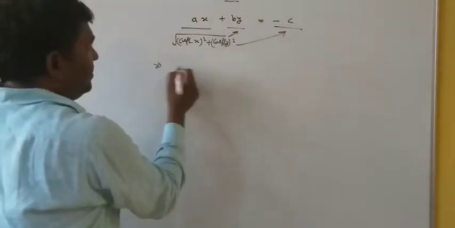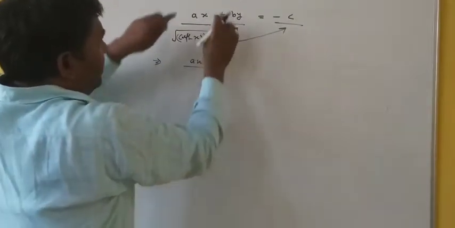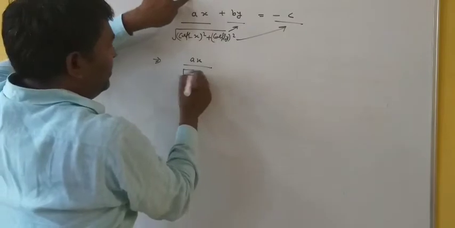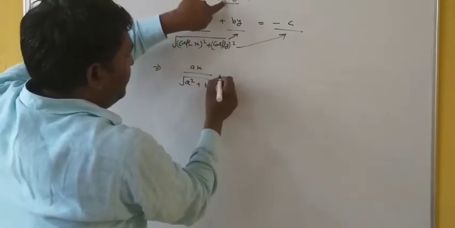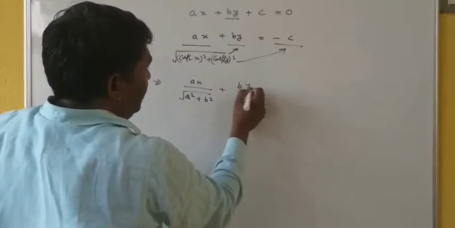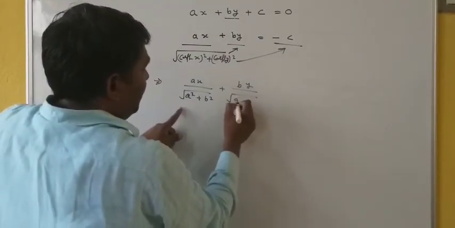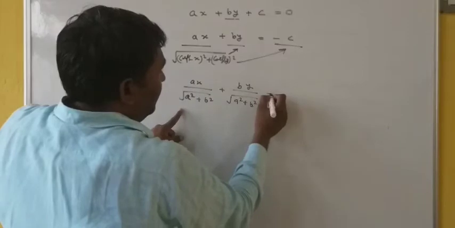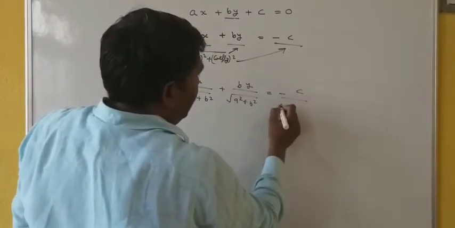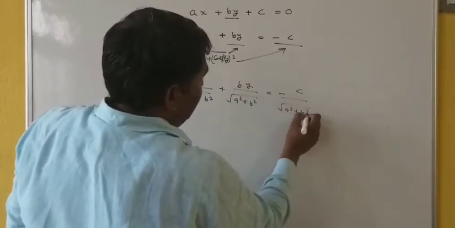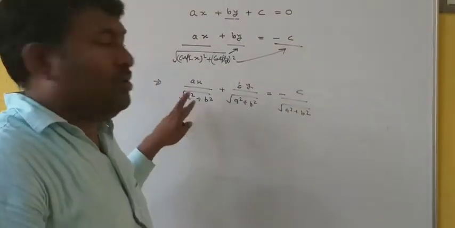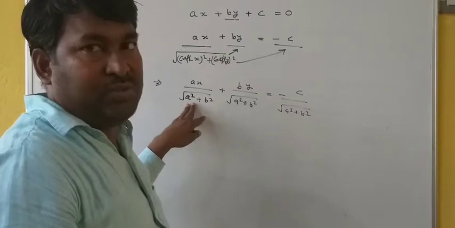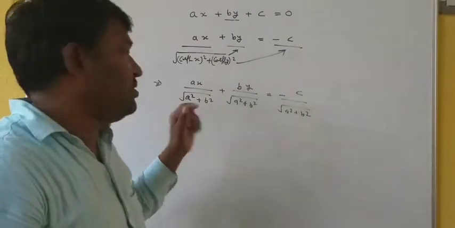It means what? Ax upon, here coefficient of x is a, so a square, plus coefficient of y is b, so b square, plus by upon, again the same, under root a square plus b square, is equal to minus c upon, here again under root a square plus b square. Dividing all terms by under root of coefficient of x whole square plus coefficient of y whole square.